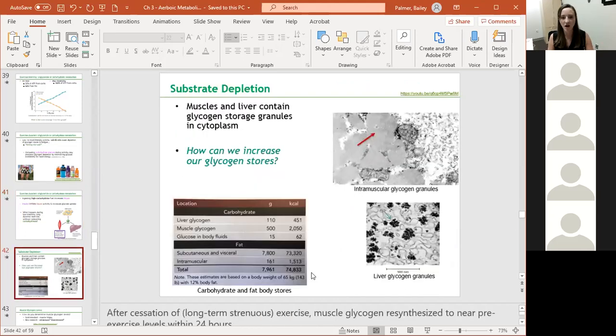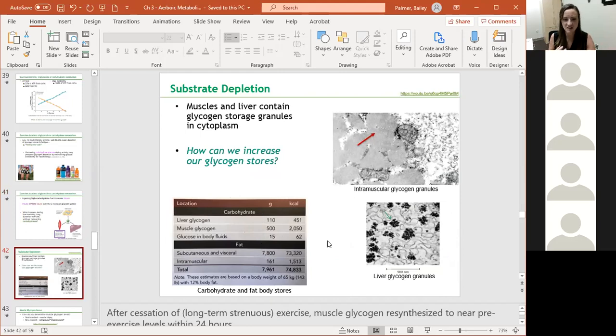Next is talking about muscle and glycogen stores. I talked in the lecture about how many grams of muscle glycogen we have stored and how many grams of liver glycogen we have stored. We see numbers right here.